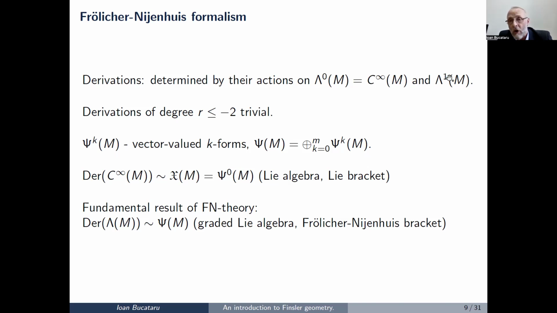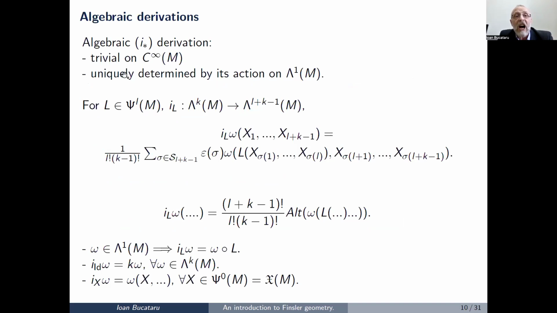Okay, what is important, as I said, is that derivations are determined by their action on functions and one-forms. There are two important types of derivations. One type are those that are trivial on functions, and therefore they are uniquely determined on one-forms. These derivations are called algebraic derivations, or sometimes i-star derivations.